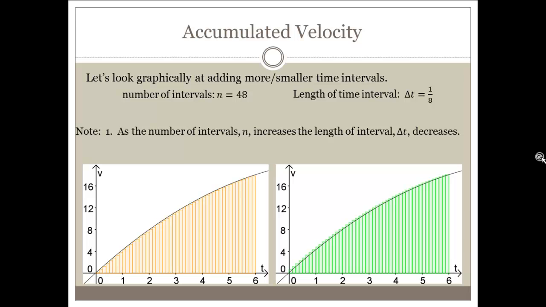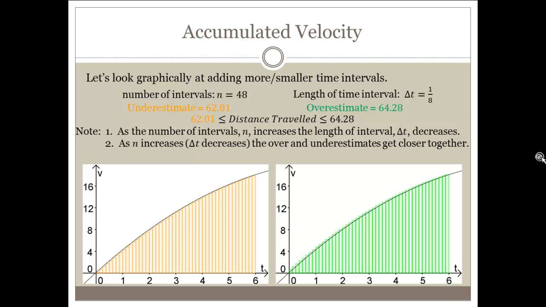If we were to calculate this algebraically, we would get that the underestimate is 62.01 and the overestimate is 64.28. So the distance traveled is somewhere between 62.01 feet and 64.28 feet.